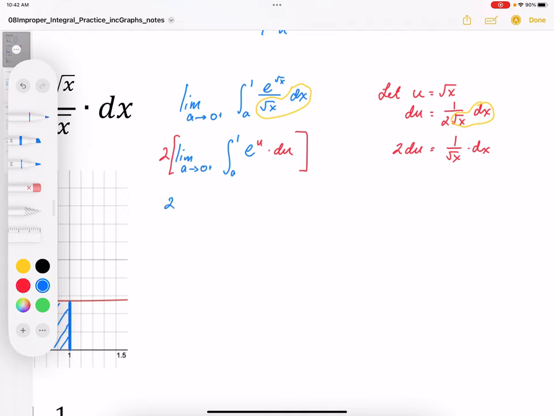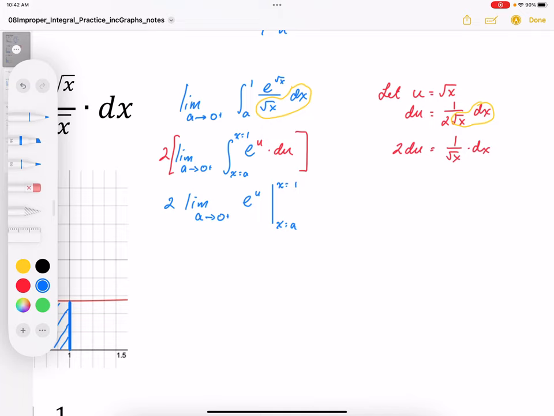So I have 2 times the limit as a approaches 0 from the positive side. The antiderivative is going to be e to the u. Okay, and my bounds are going to be, and I forgot to change my bounds here. I have to make sure that it's clear that this is when x is equal to my bound a, and x is equal to my upper bound 1.